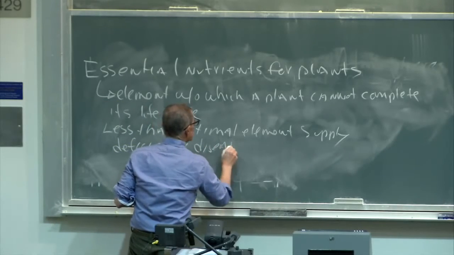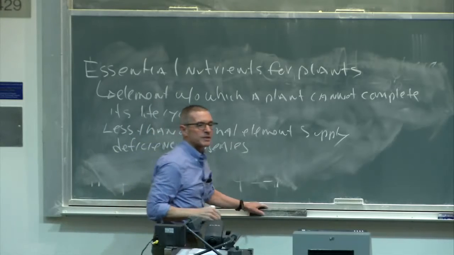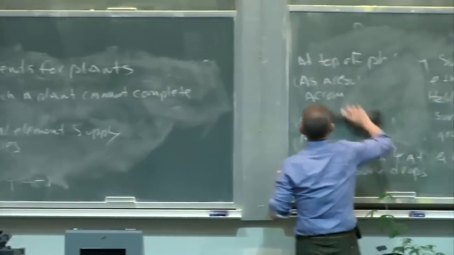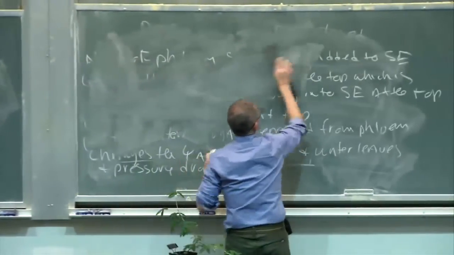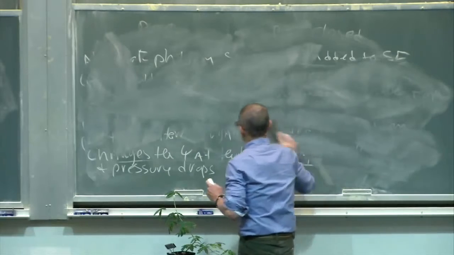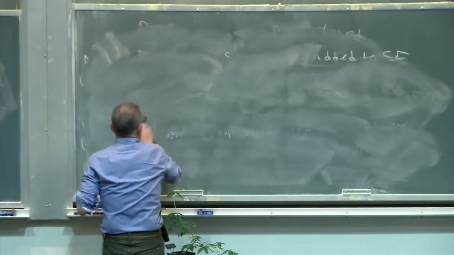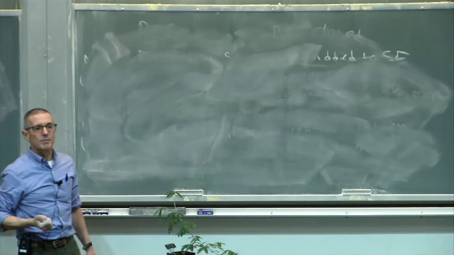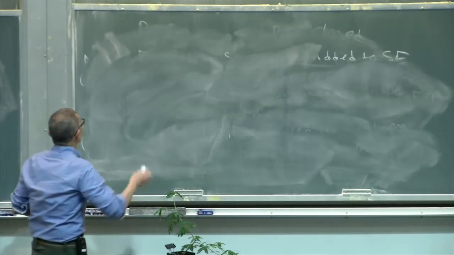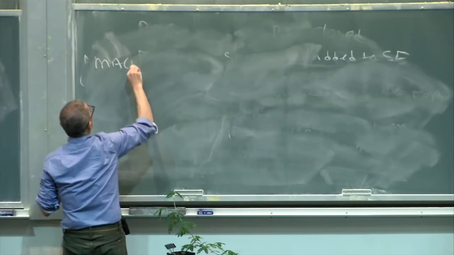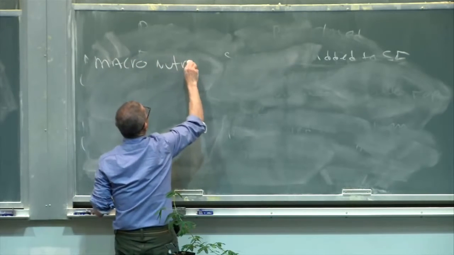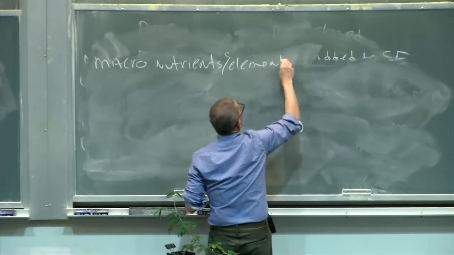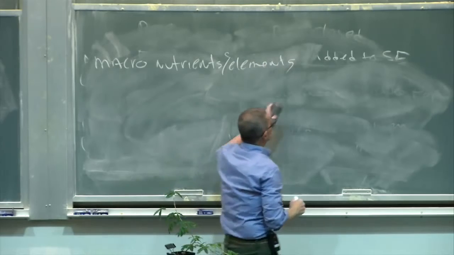And this is what most of you are experiencing or encountering in the plants that you are growing in your dorm room, assuming that they're not pathogenized by either a microbe or some insect. The essential elements are divided into two groups, the ones that plants need to complete their life cycle. So-called macronutrients or elements. And these are required in relatively large amounts.